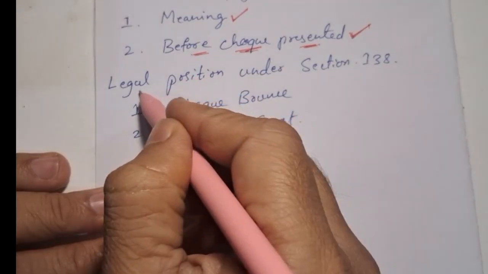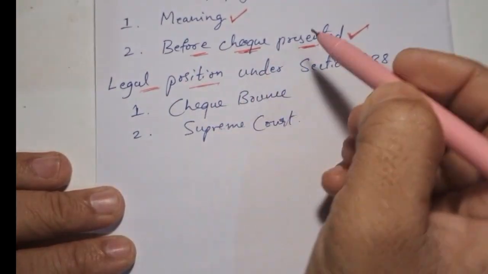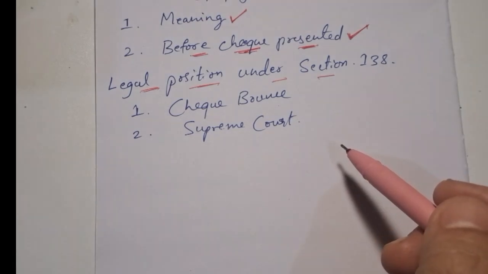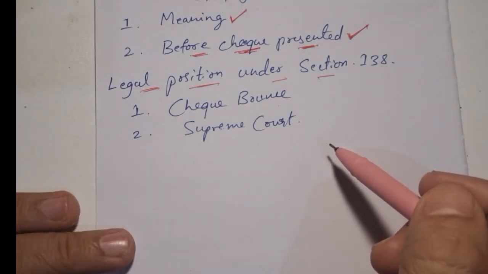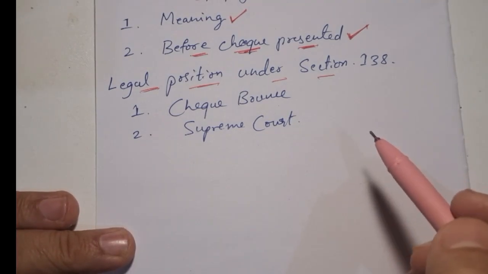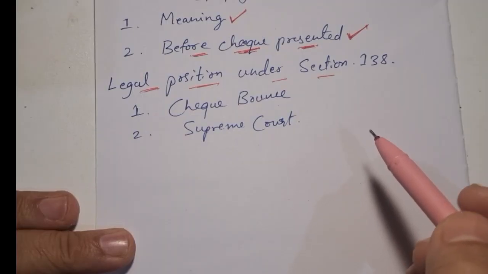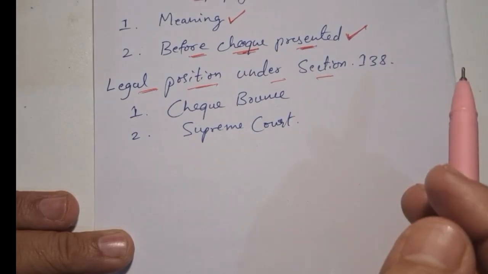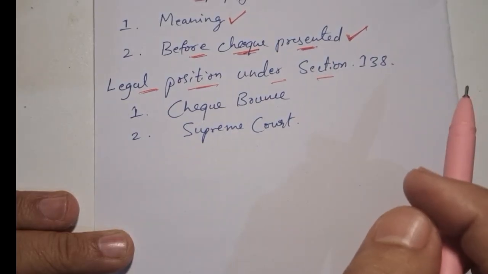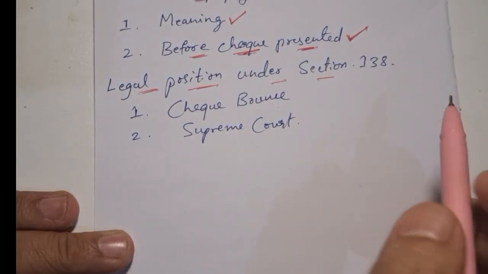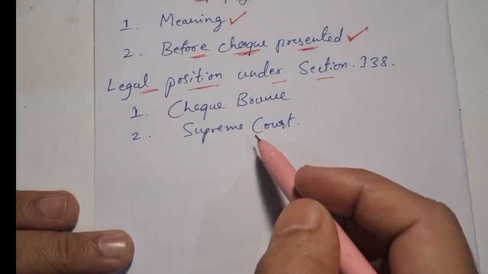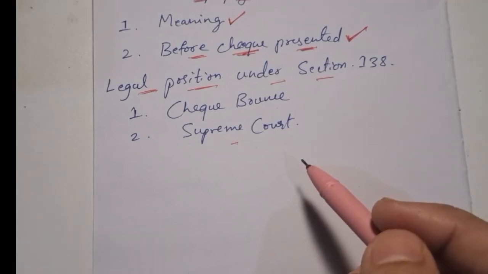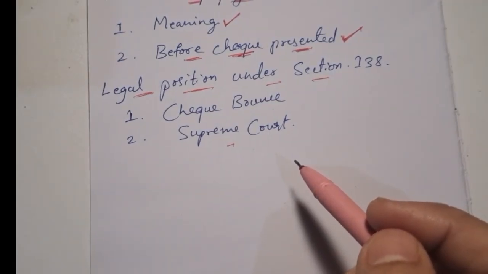So friends, now we will see the legal position for stop payment under Section 138 of the Negotiable Instruments Act. Under this section, check dishonor due to insufficient funds or a stop payment instruction are both considered the same, that is, a check bounce. But the condition here is that the check must be for a legally enforceable debt or liability.